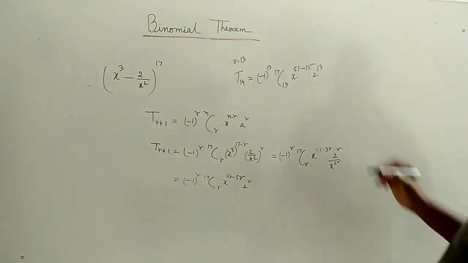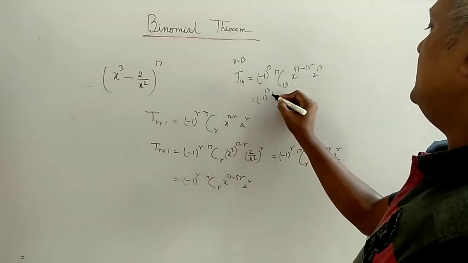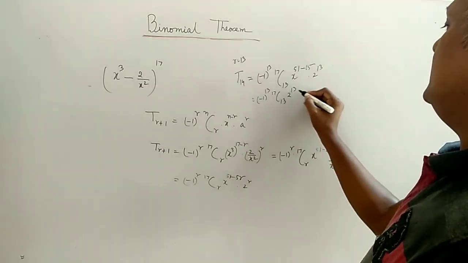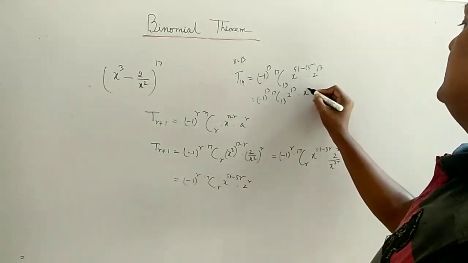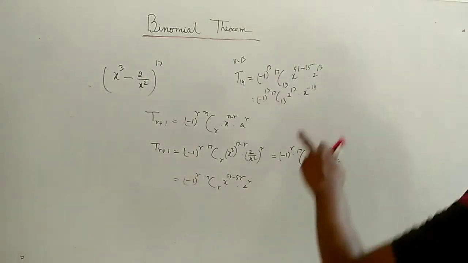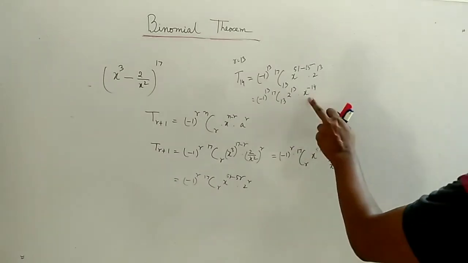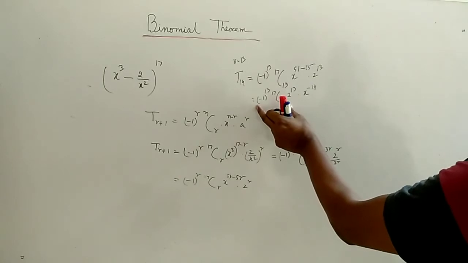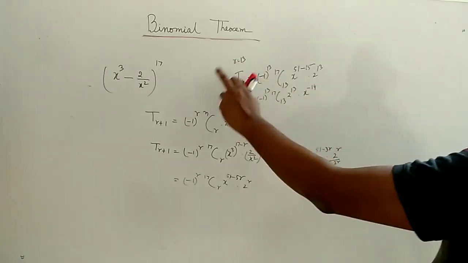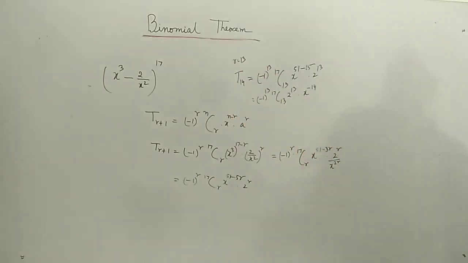So this is the value: (-1)^13, 17C13, 2 to the power 13 into x to the power minus 14. So the coefficient of x to the power minus 14 is this, or you can say the power of x in the 14th term of this expansion is minus 14.